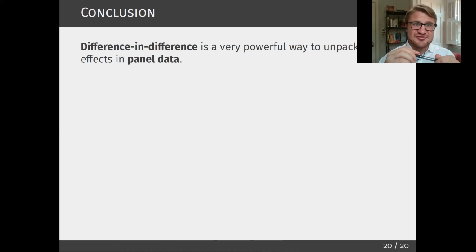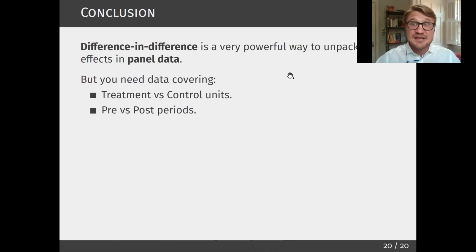And so just to summarize, difference in difference is a very powerful way to distill and parse out causal effects when you have panel data. But what's very important is you need some kind of treatment or program or something that occurred, and you need data on both observations that were exposed to the treatment and those that were not.